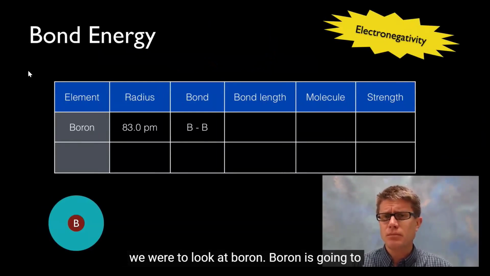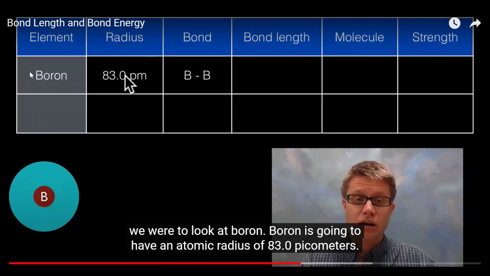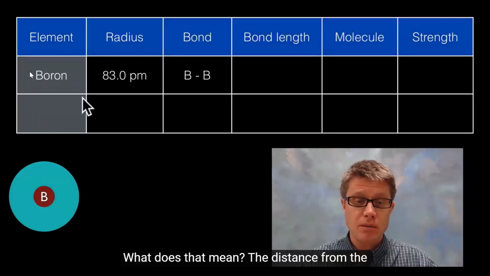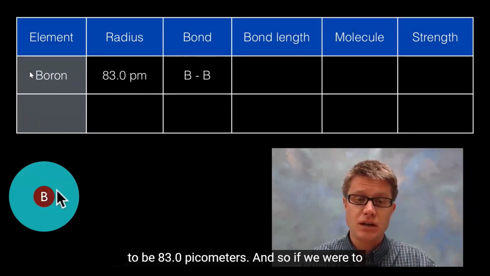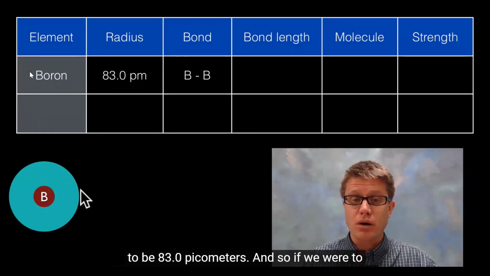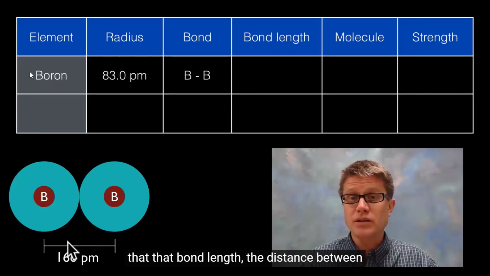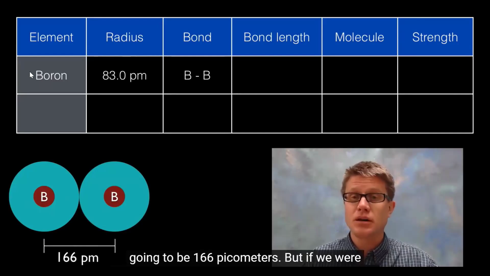And so let's say we were to look at boron. Boron is going to have an atomic radius of 83 picometers. What does that mean? The distance from the center of that nucleus to the outside is going to be 83 picometers. And so if we were to connect a boron to a boron, we would anticipate that that bond length, the distance between the 2 atoms, is going to be twice that. It's going to be 166 picometers.